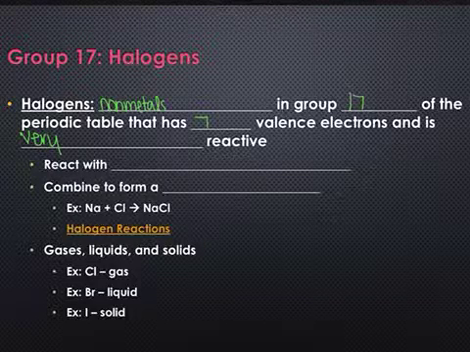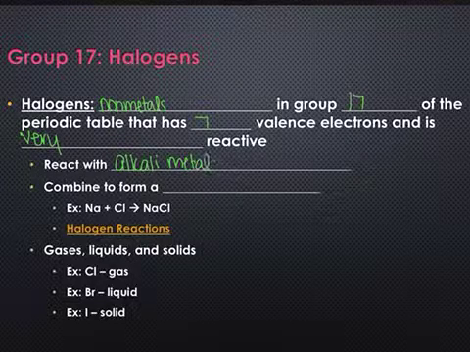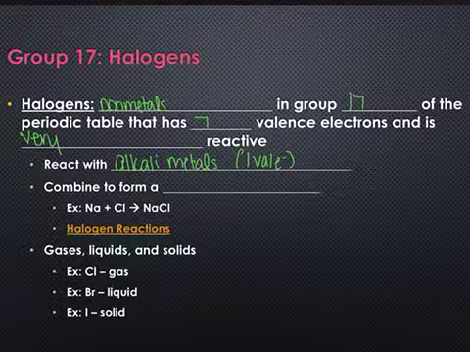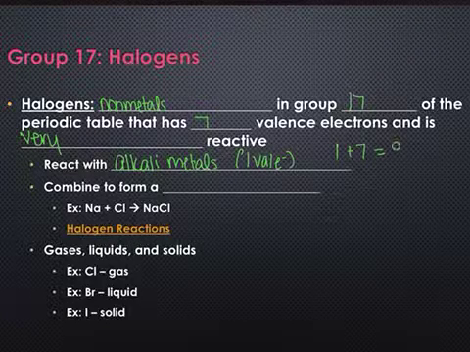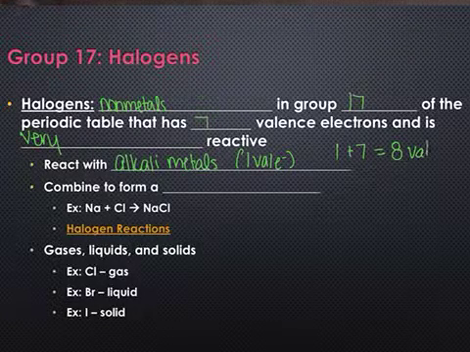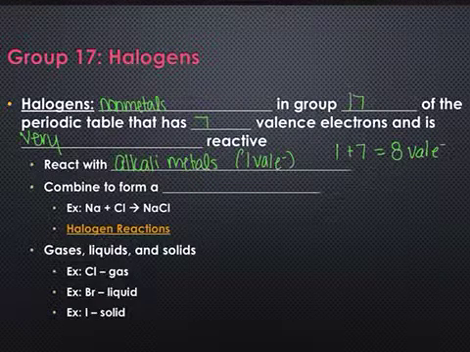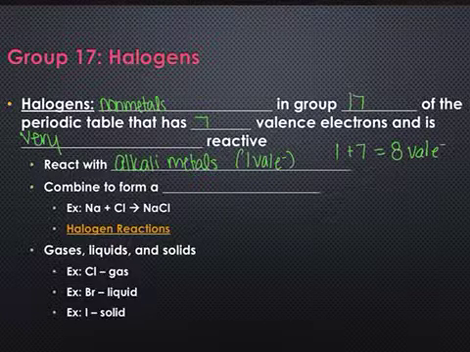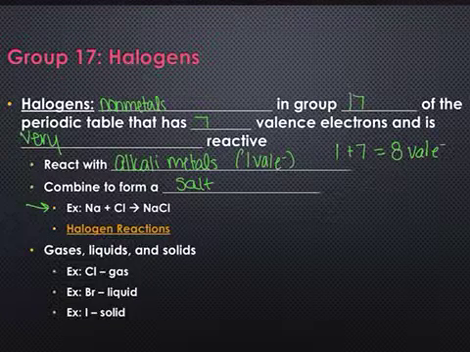They like to react with the alkali metals, because the alkali metals have 1 valence electron, and that 1 valence electron plus the 7 valence electrons of halogens, 1 plus 7, gives us 8 valence electrons very easily, and that's what the compounds are trying to achieve. So when they combine, they will form a salt, and we can see that with sodium and chlorine. When they combine, they make table salt, the salt we can eat.